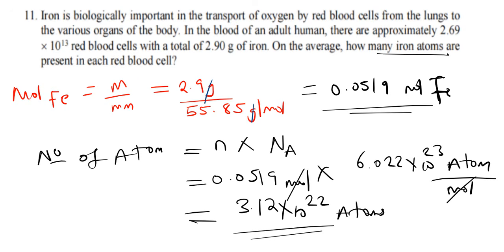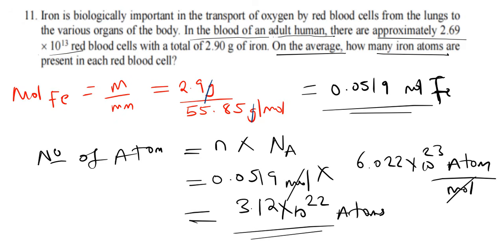Now the question is very clear here. On the average, how many iron atoms are present in each red blood cell? Then what other information have we been given? In the blood of an adult human, there are about 2.69 times 10 to the power 13 red blood cells.